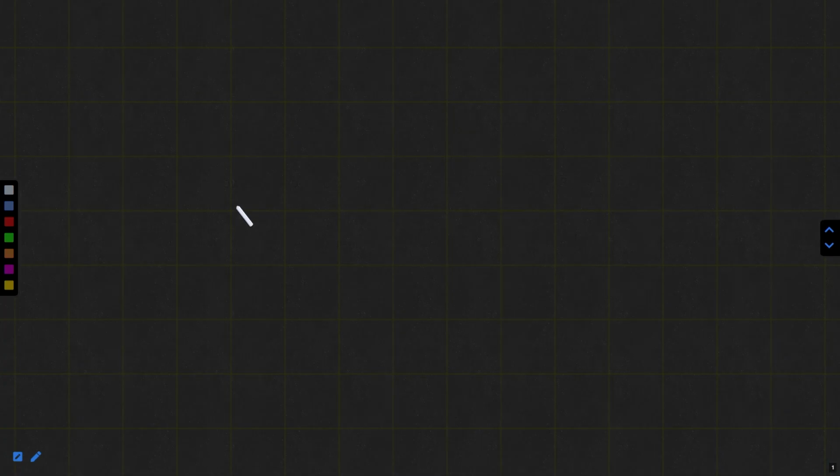Third question: CH3, CH, CH3. Okay, CH3, CH, CH, and CH3. We have OH here, and again we have OH here. Now if you number it from either side, since it is symmetrical, this is the longest chain and the only chain available.